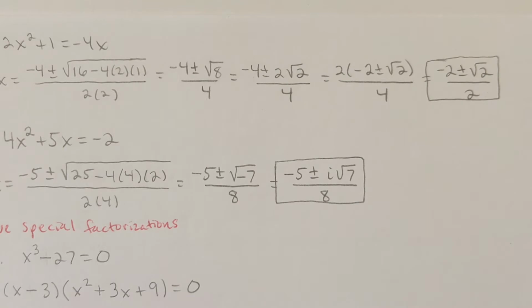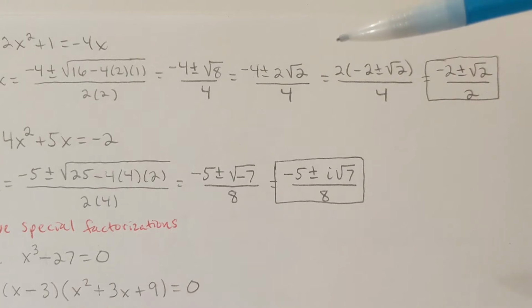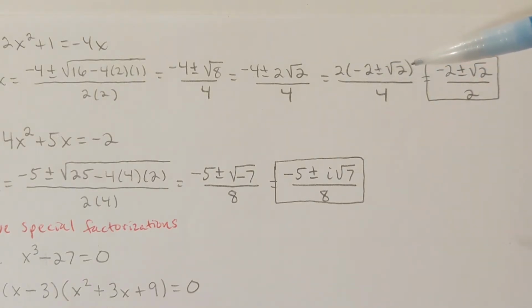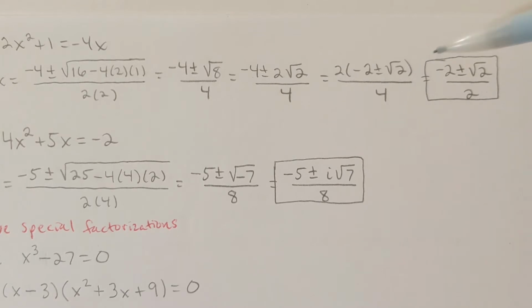By the way, in terms of a process to solve, the first thing that I'm always looking for whenever I solve a quadratic is factoring. Factoring is going to be by far and away the easiest method to use out of any one of the other three methods. The second thing that I'm looking for is to use the quadratic formula. The quadratic formula is going to be easier than using the completing the square method.